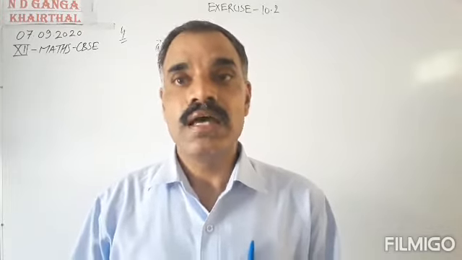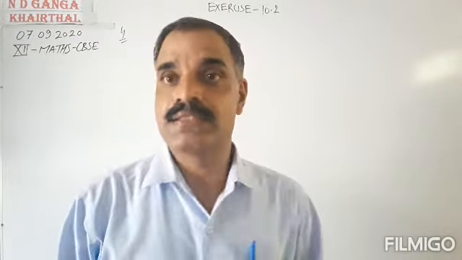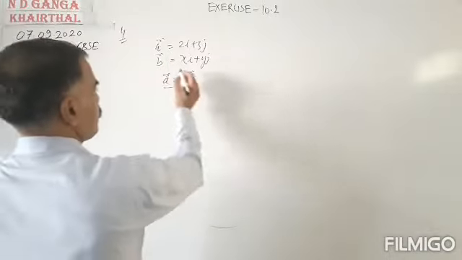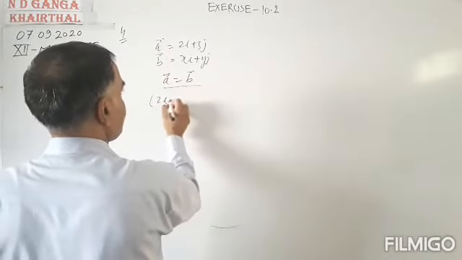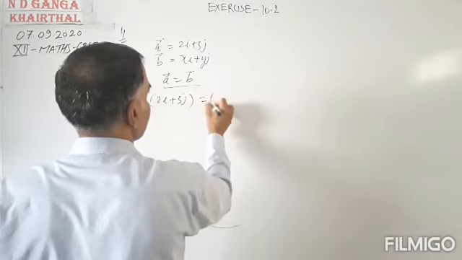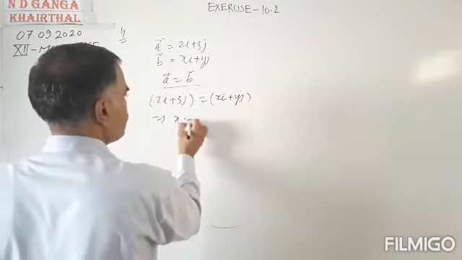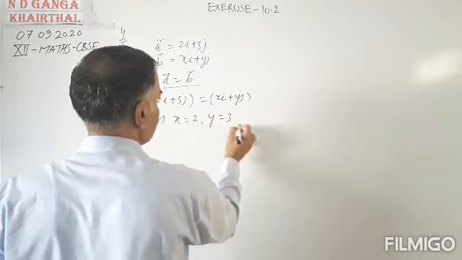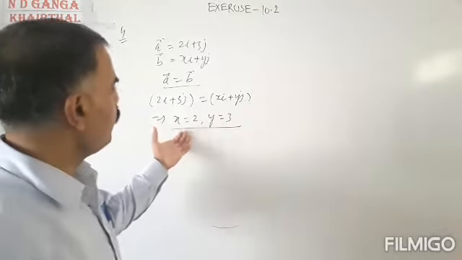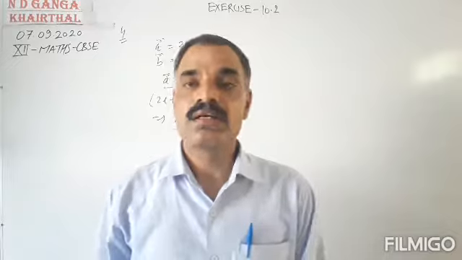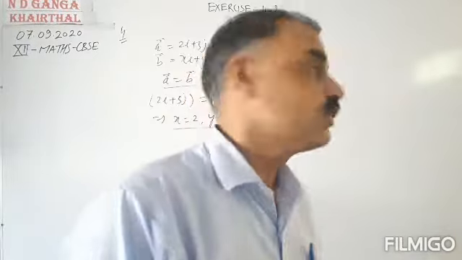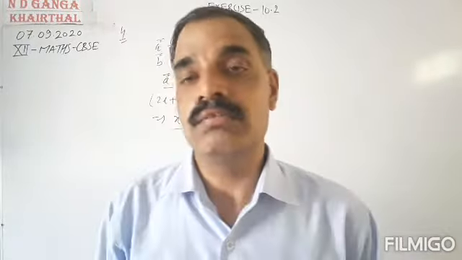That is why they have the same components. Okay, so comparing these two vectors, 2i cap plus 3j cap equals xi cap plus yj cap, implies that x is equal to 2 and y equals 3. Okay, so the values of x and y after comparing the vectors are 2 and 3 respectively.